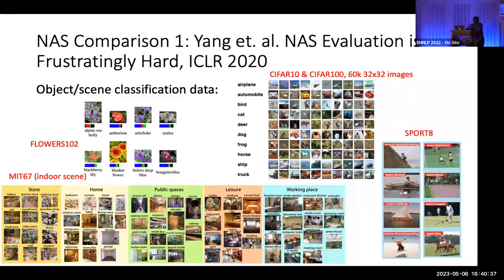And they did an interesting experiment where, recall we said each method is composed of an architecture space, the search space, the search strategy, and the performance estimation. And when you write a paper, you actually have all of them, right? And you say your method is better than the other, but you actually might be varying among multiple aspects of them. So what they did in this paper is they held things more fixed.